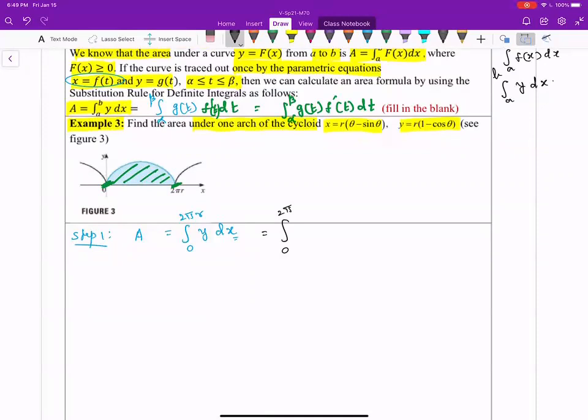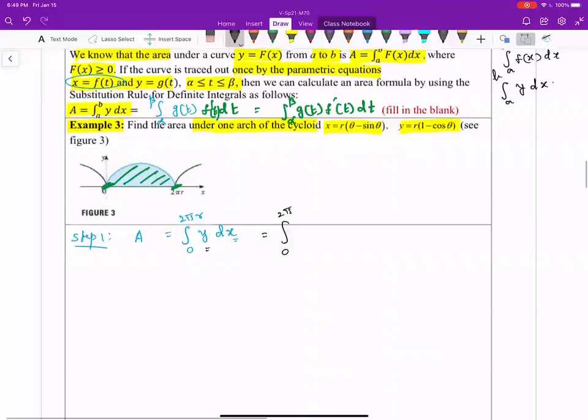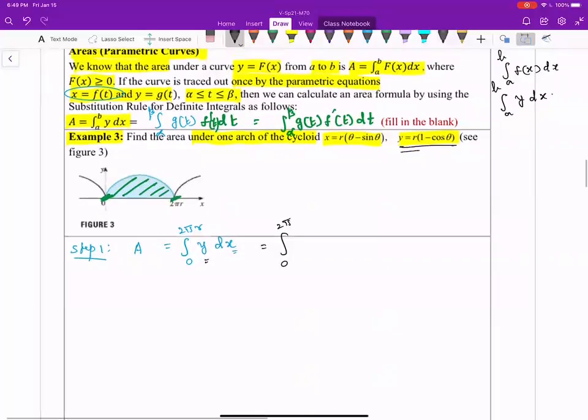For y, we substitute r times (1 minus cosine theta). Then you're going to do dx from here. dx equal to r times (1 minus cosine theta) d theta.